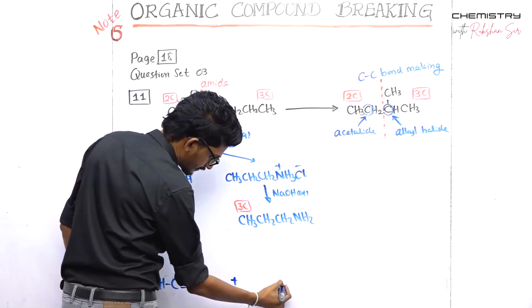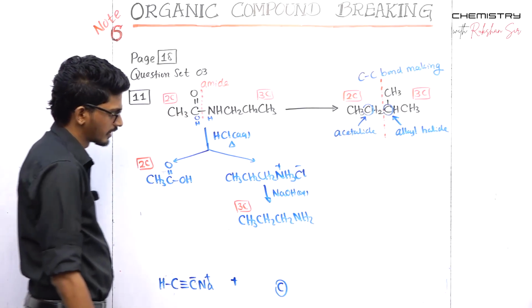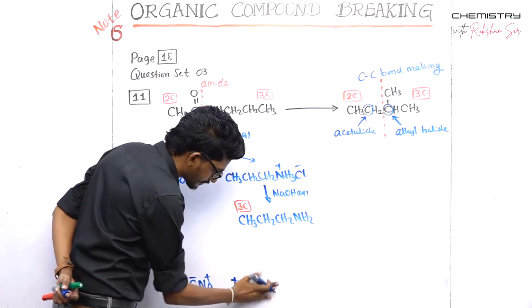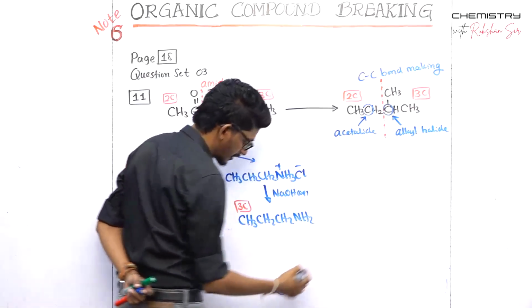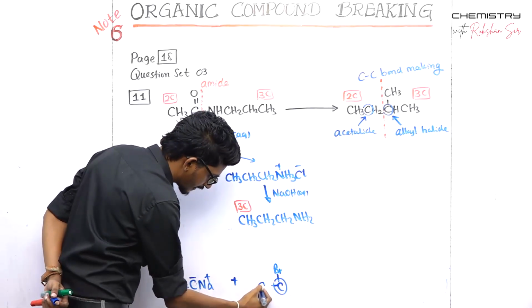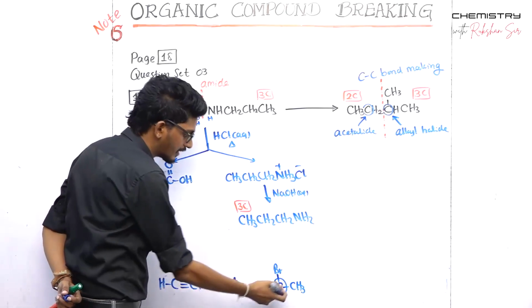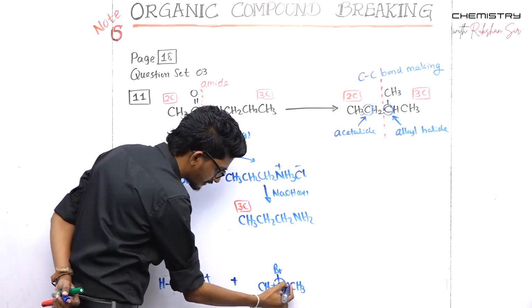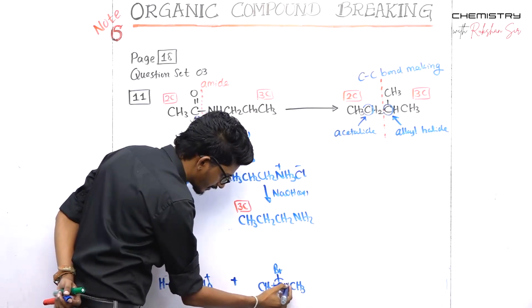So you have this carbon, and that carbon is with 2 R groups, the 2 CH3 groups. This is the alkyl halide carbon. As this carbon lacks 4 bonds, you have to add some hydrogen.